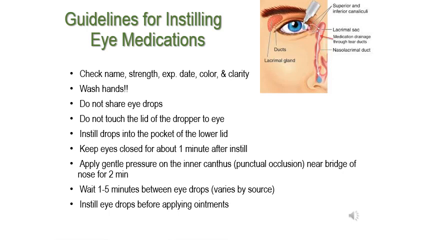Many patients are very educated about that and will tell you we have to wait a few minutes before giving the next drop, which is absolutely true. If we have ointments as well, which we don't see very often, you instill the eye drops before applying the ointment, and the ointment is applied from the inner canthus to the outer canthus.